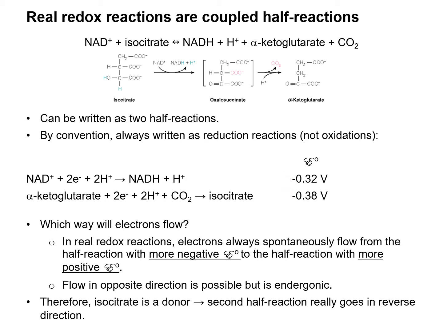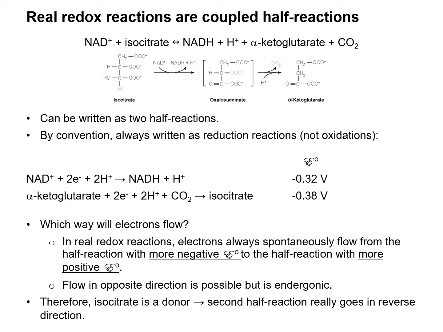Now you have these two reactions, but which way will electrons flow? Is it going to be the forward direction or the reverse direction? In order for us to tell, we should look at these E naught values. In real redox reactions, electrons always spontaneously flow from the half reaction with more negative E naught to the half reaction with less negative or more positive E naught.